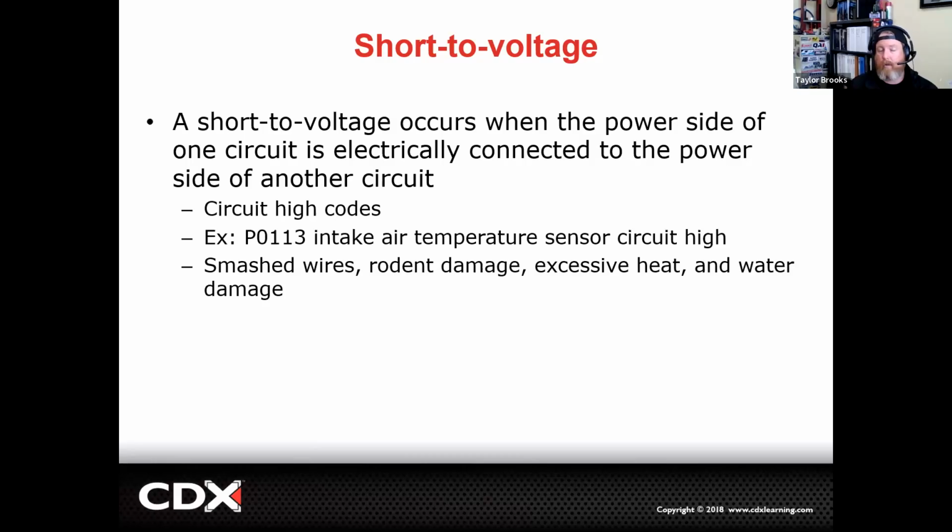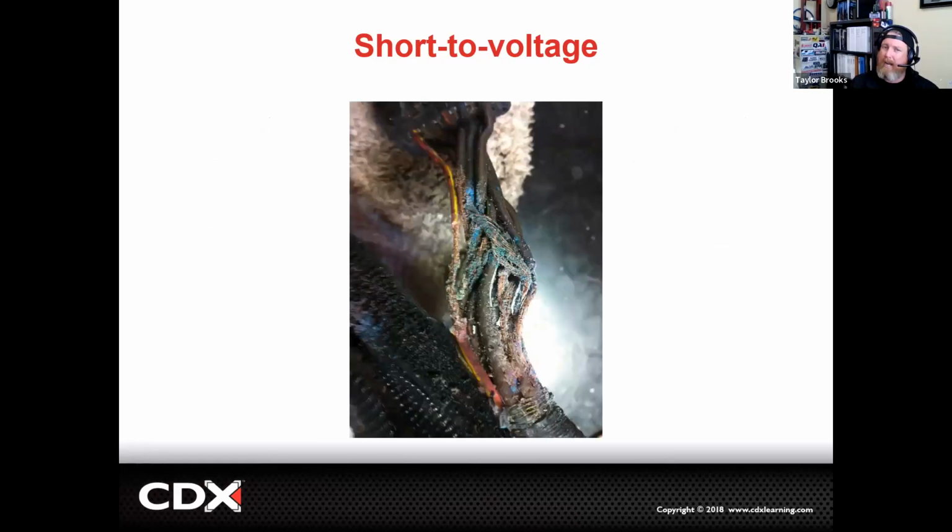Now, why this is important on powertrains is we can have the wires touching. You can also have where battery acid has leaked down and has caused the insulation to be eaten away, and that causes the copper windings to touch each other. And that's what I have photoed here. This often happens on the wiring harness right below the battery.